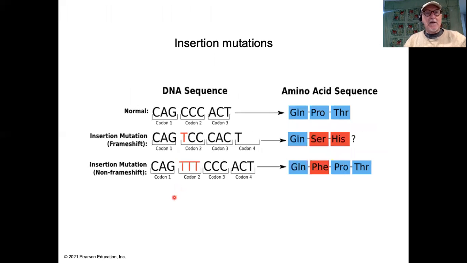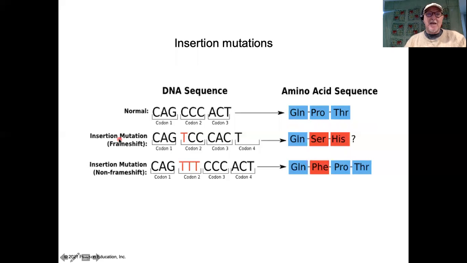So let's have a look here, and you'll see. Here is the normal sequence, CAG, here CCC, that's the second codon, ACT is the third codon. And here are the amino acids that are coded for: glycine, proline, threonine. Here is our first examination.